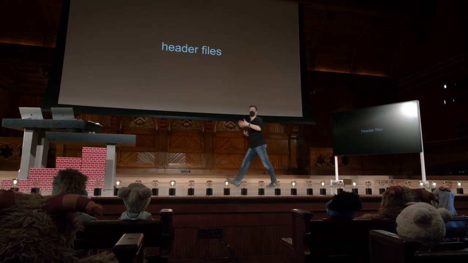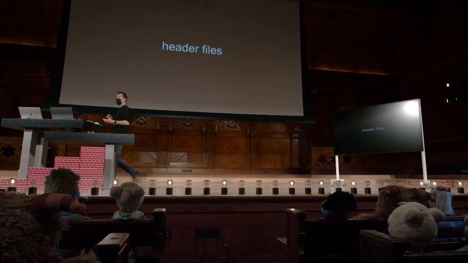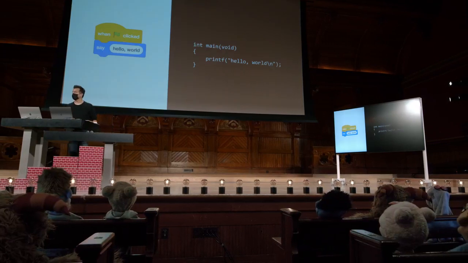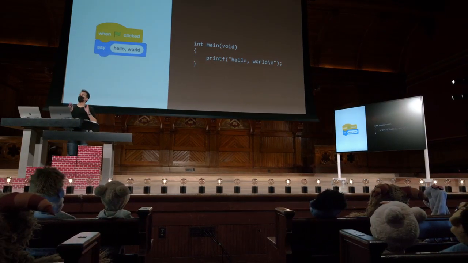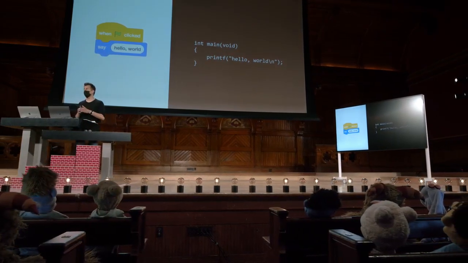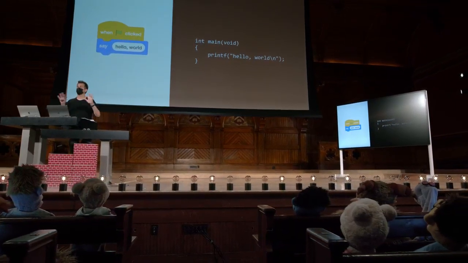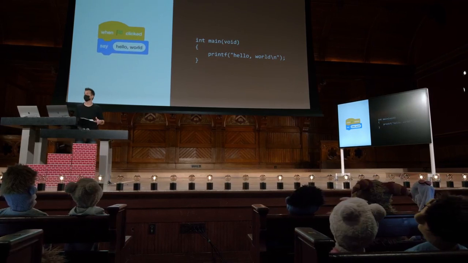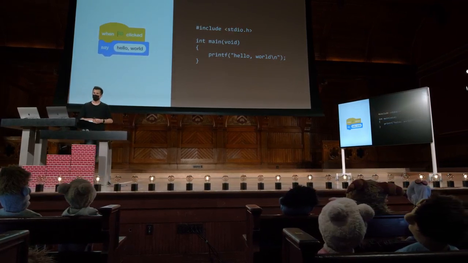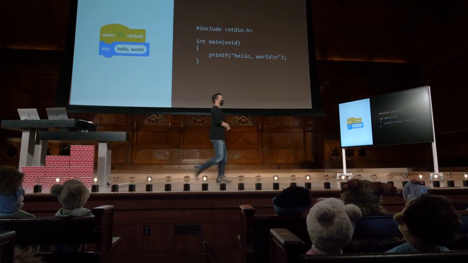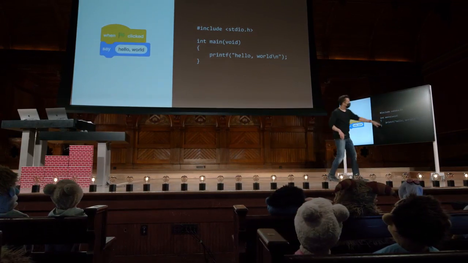So what was atop them? We went down this rabbit hole a moment ago with these things called header files, even though I didn't call them by this name. But indeed, when we have a whole program in Scratch, super easy. Just have the when green flag clicked and then say hello world. There's no special syntax. After all, it's meant to be very user-friendly and graphical. In C, though, you technically can't just put int main void printf hello world.